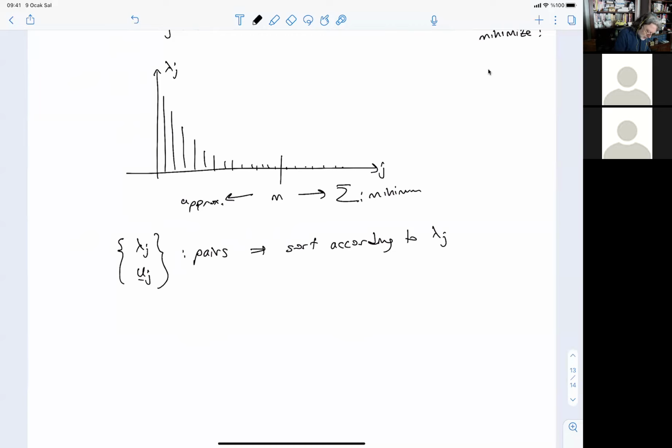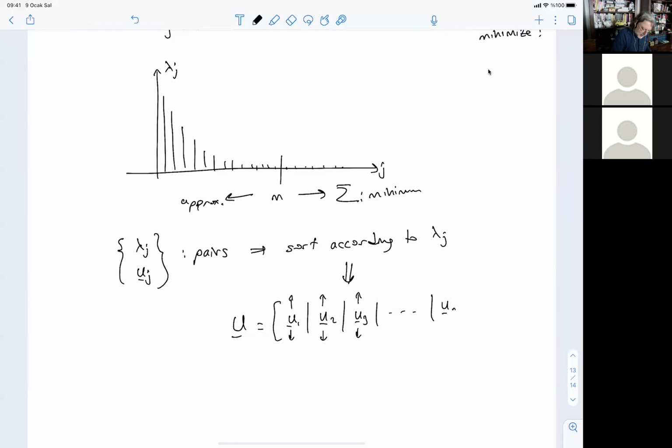And when you do that, it will give you the U matrix, which consists of the U1 vector, which corresponds to the largest eigenvalue. And then the U2 vector, which corresponds to the second largest eigenvalue, the one which is less than the first eigenvalue. Then U3, which corresponds to the third largest eigenvalue. And it goes on like this until Un, which corresponds to the smallest eigenvalue.